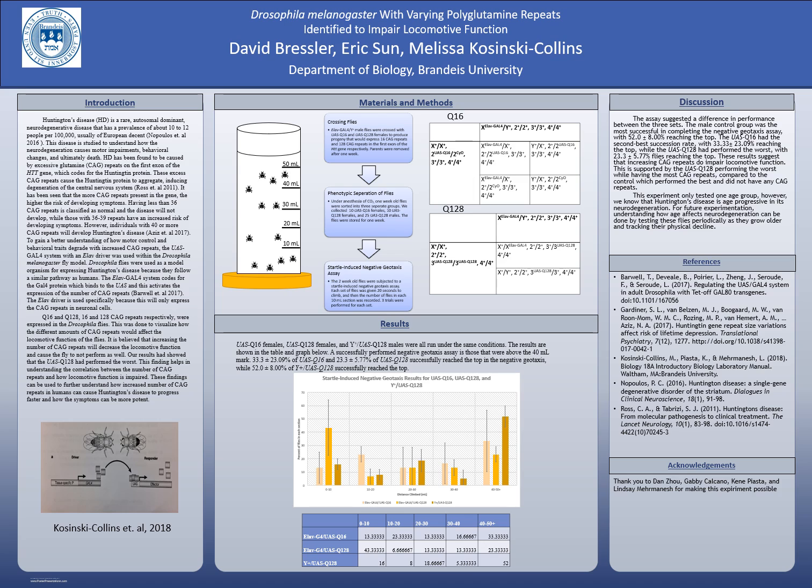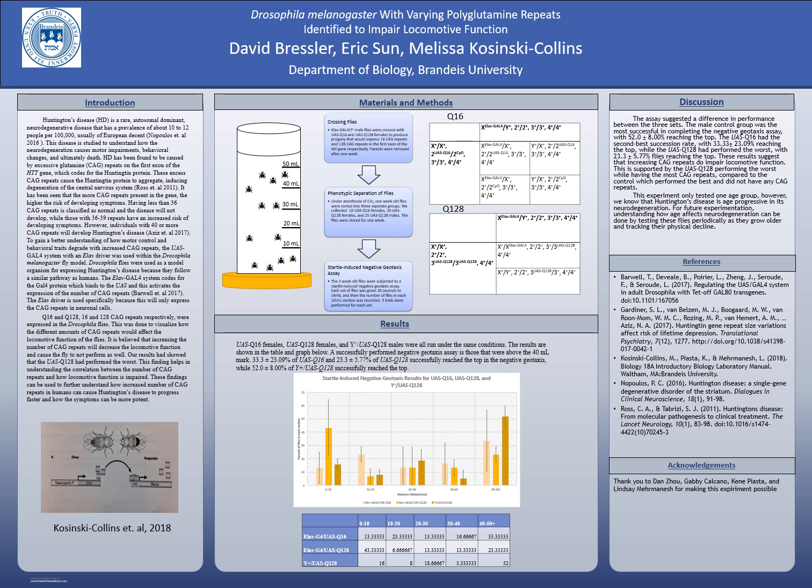As our results show, the controls performed the best with 52% reaching the top, and in this table we ran 3 trials and we averaged the data and got percentages. So 52% of the males reached the top with 8% standard deviation, while the Q128 performed the worst with only 23% reaching the top.